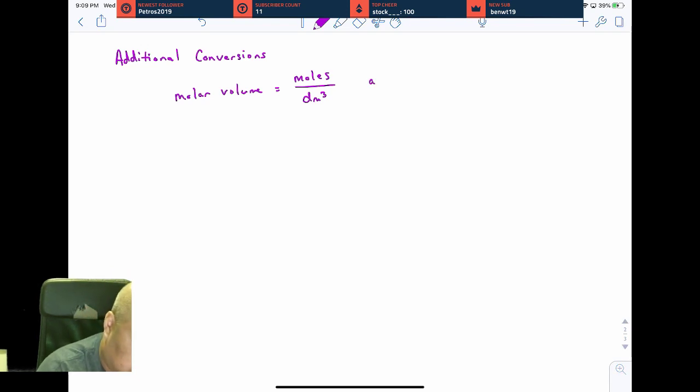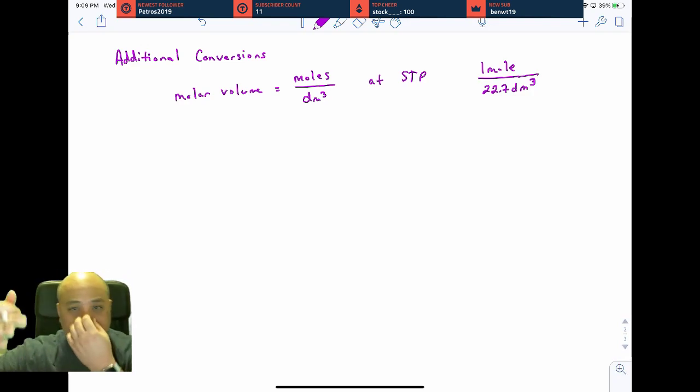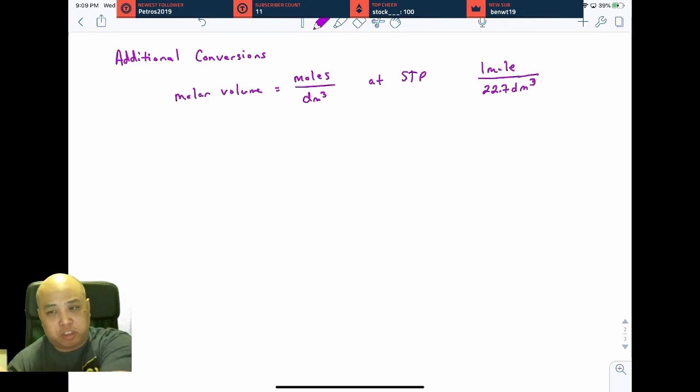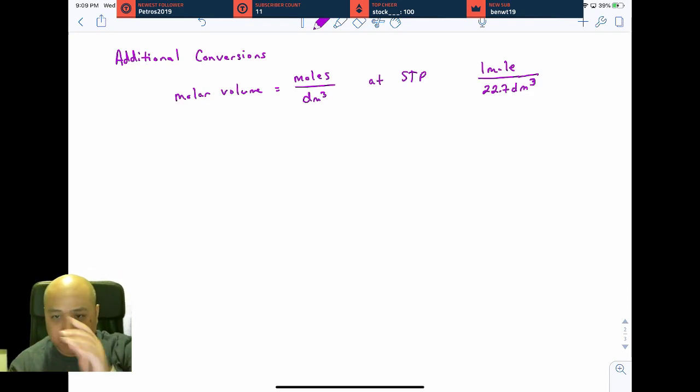At STP for gases, that is 1 mole is equal to 22.7 decimeters cubed. You're probably in IB if you're watching this, so that's why we use 22.7. I know AP Chemistry uses 22.4 because their conditions are slightly different, but we are going to use 22.7 because I'm an IB chemistry teacher, and that's what I'm trying to get my kids used to.